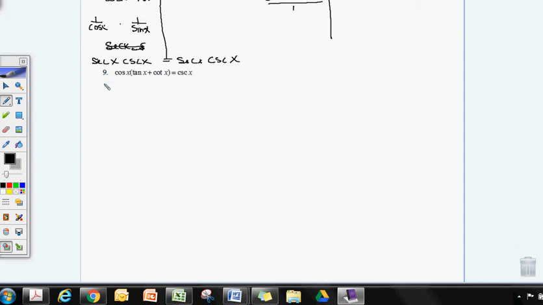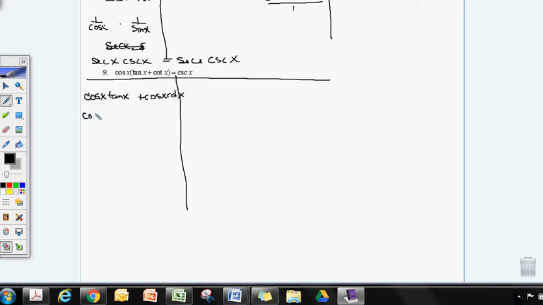And when I do that, I get sine squared over sine, added on to cosine squared over sine, and that becomes 1 over sine, which is my cosecant of x.